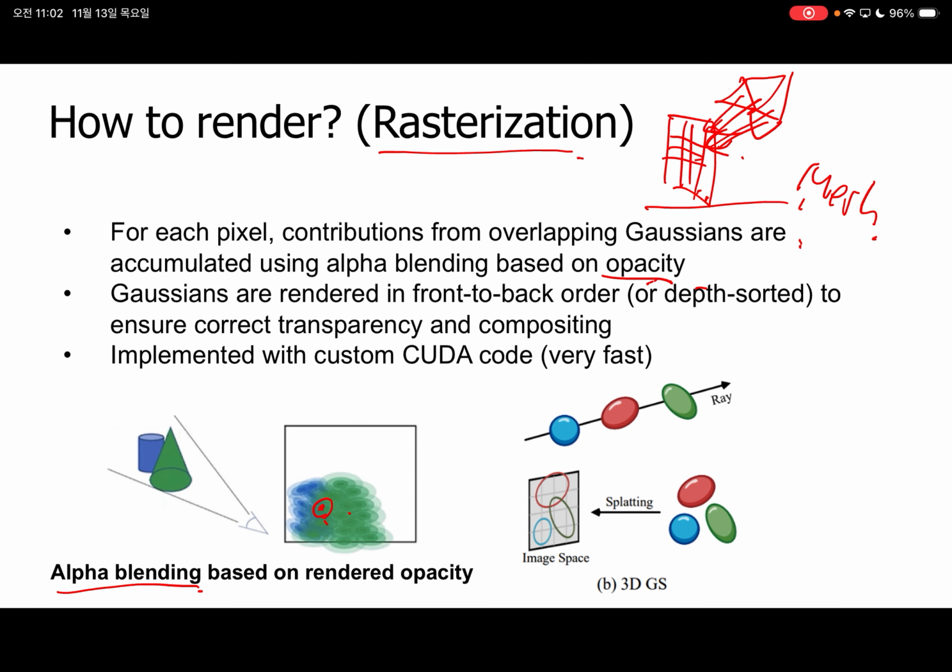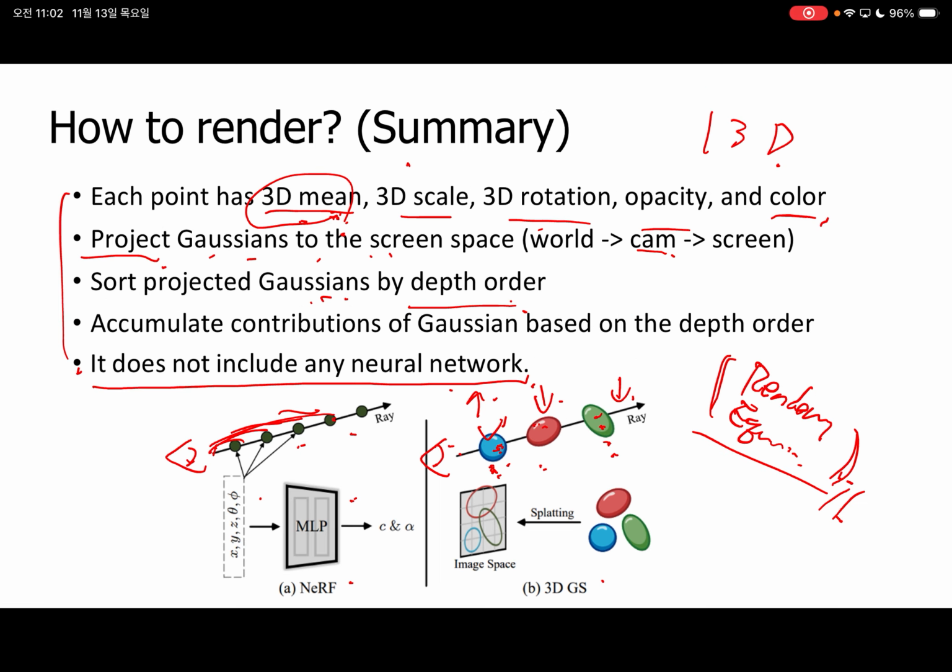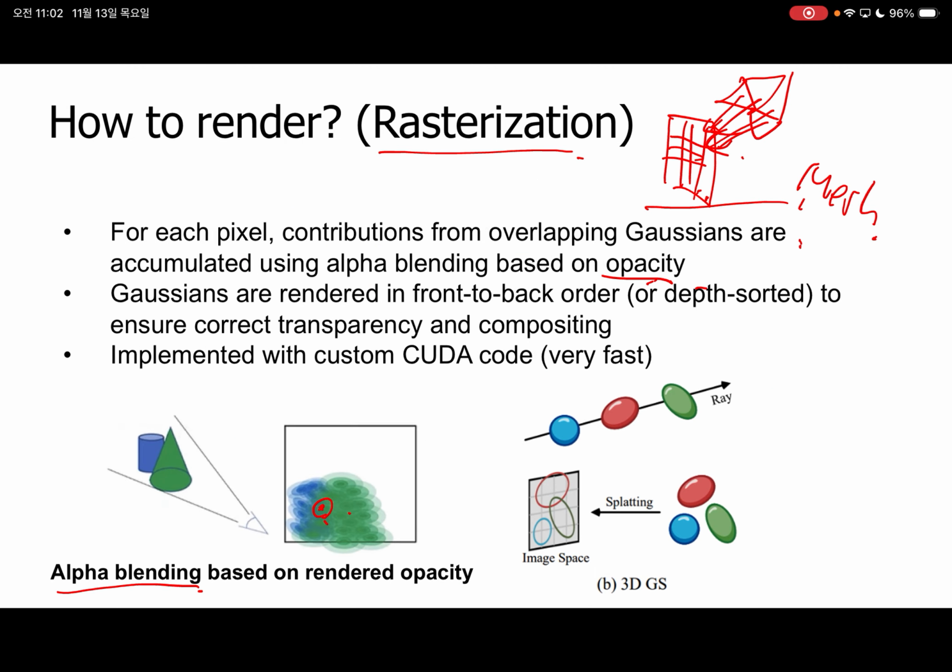In the case of NeRF, we did something a little bit similar to alpha blending in 3D space, right? We cast a ray, do ray marching, and then accumulate transmittance by multiplying the estimated density, in 3D space. But in Gaussian splatting, we do alpha blending in 2D space, the projected screen space.